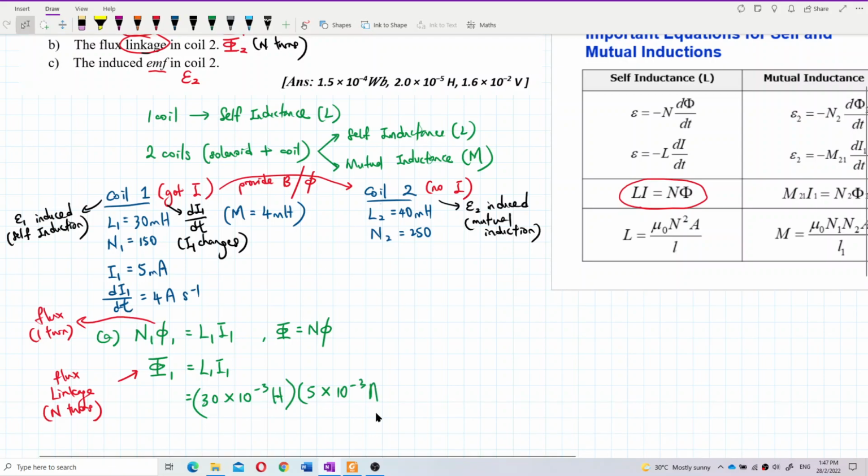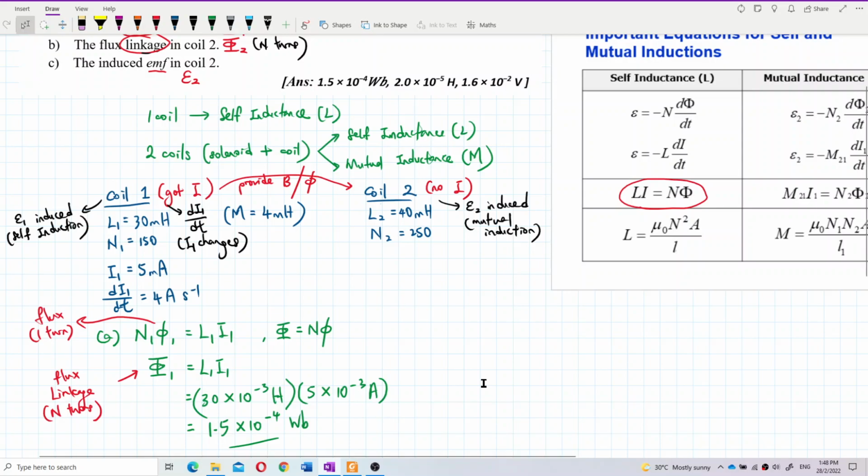Let's calculate: 30 exponent -3 multiplied by 5 exponent -3. So the answer is 1.5 exponent -4. That's right.